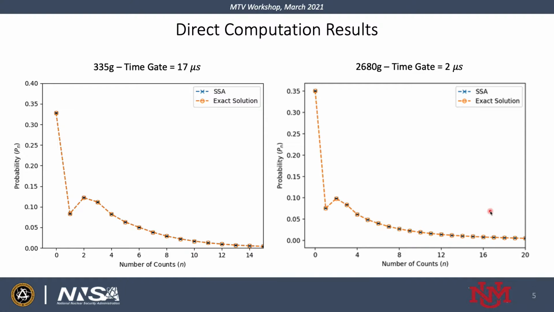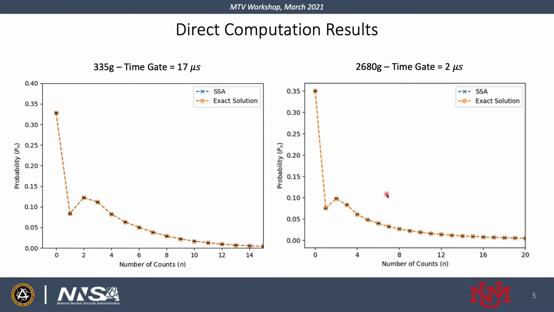Moving on to the results of the direct computation of the count distribution, what you see on the left is the count distribution produced by a 335 gram sample of the plutonium source simulated over a 17 microsecond time gate. It shows excellent agreement with the SSA simulation, where the standard deviation in the SSA is approximately 1% at the peak, and it goes up to about 5% at the tail.